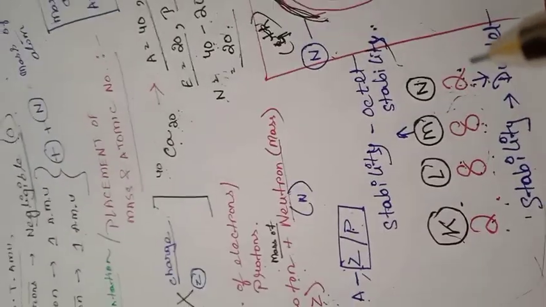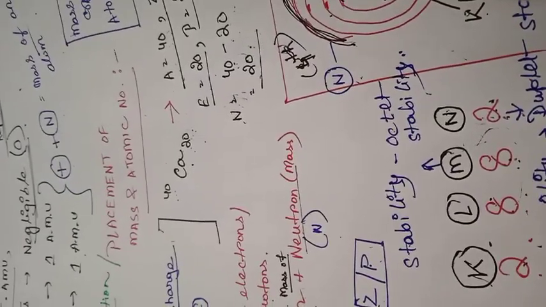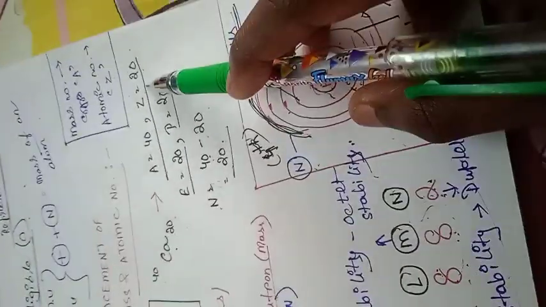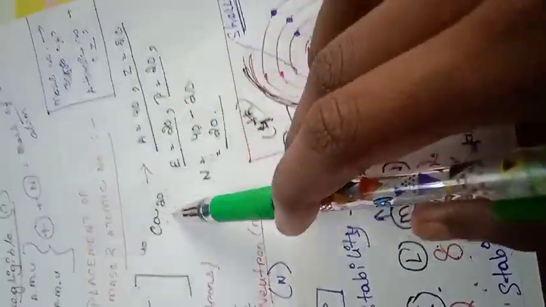What is my Z? Atomic number, and A is my mass number, and over here we have the charge. Let us take an example of calcium: 40 is my mass number, 20 is my atomic number. So A is 40, Z is 20. Electrons will be 20, protons will be 20. Why?